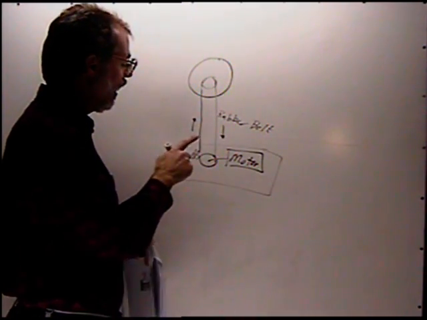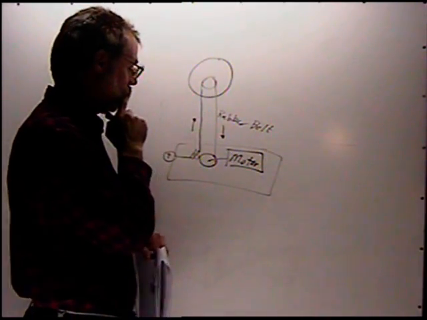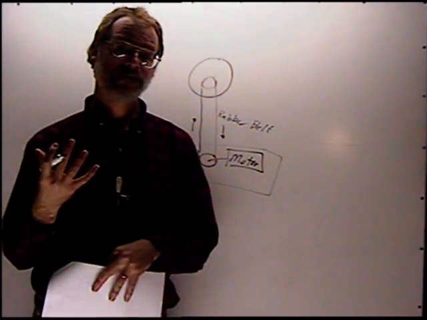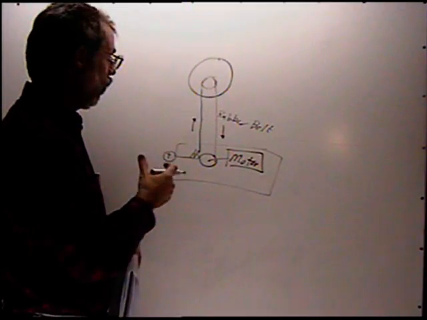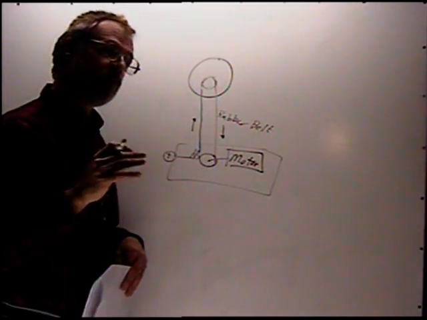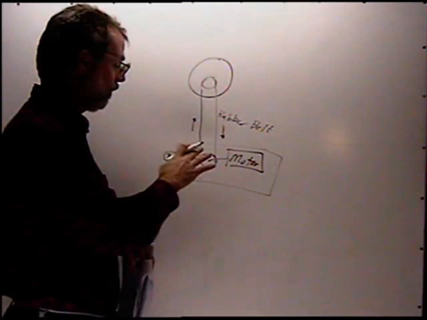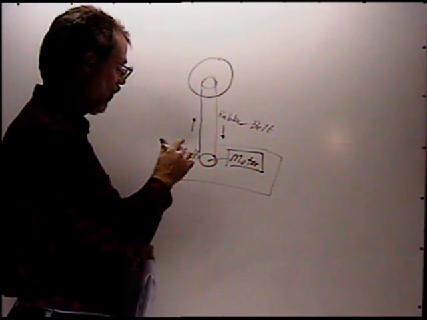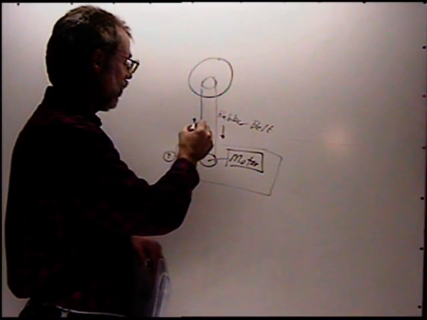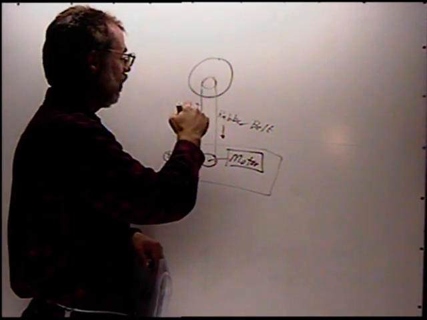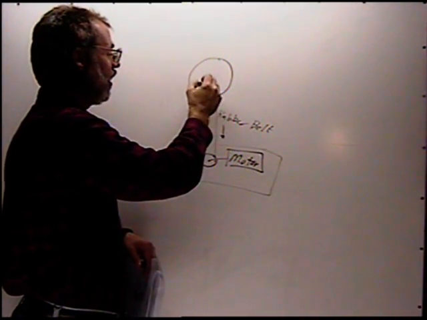Now what happens, the rubber is not a conductor, but you can deposit charge onto the rubber sheet. And the positive charges are actually carried by the rubber up to the top here.